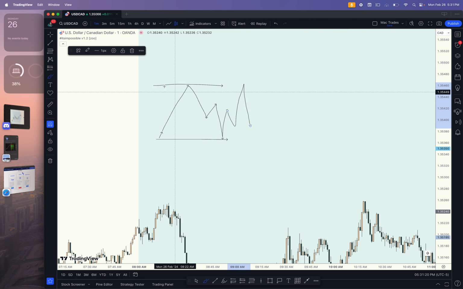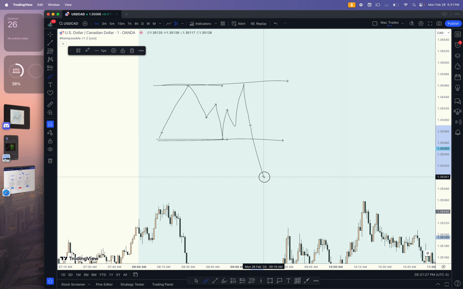This is how we usually see accumulation form. And then of course we'll see some type of manipulation, then we'll see the market run.